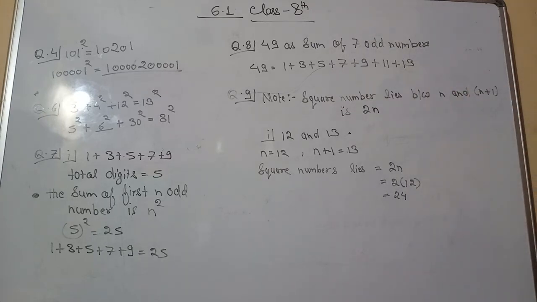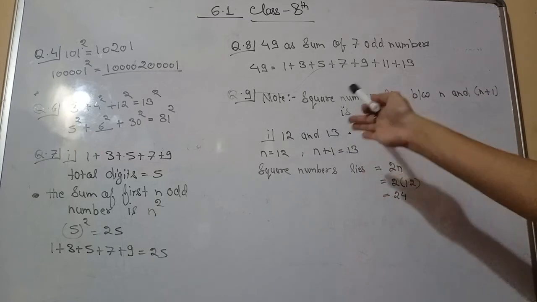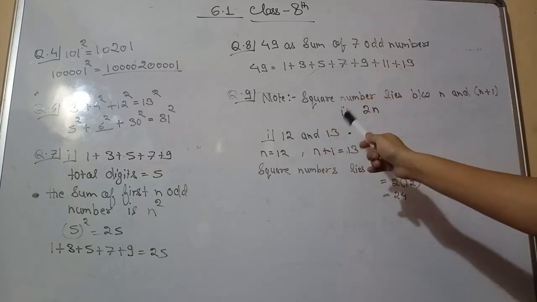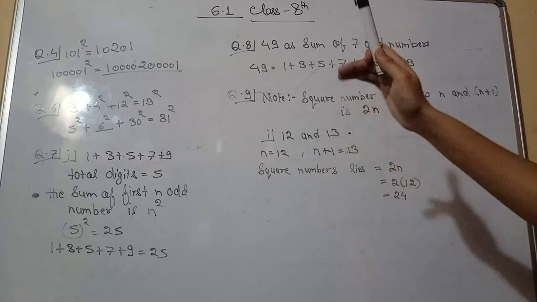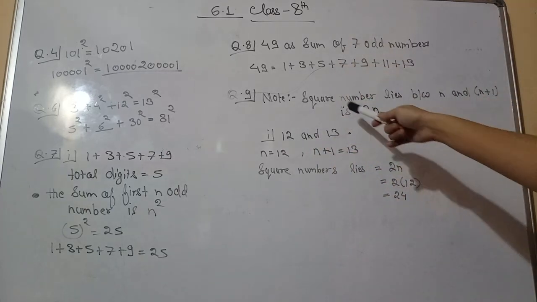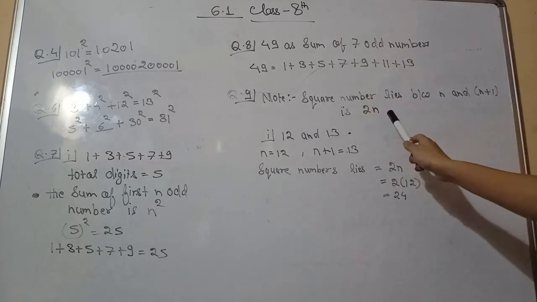Now in question number 9, what is given? How many numbers lie between the squares of the following numbers? Between the two given numbers we have to find how many numbers lie between their squares, meaning between the square of 12 and the square of 13. There is also a formula: the number of non-square numbers between n square and n plus 1 square is 2n.